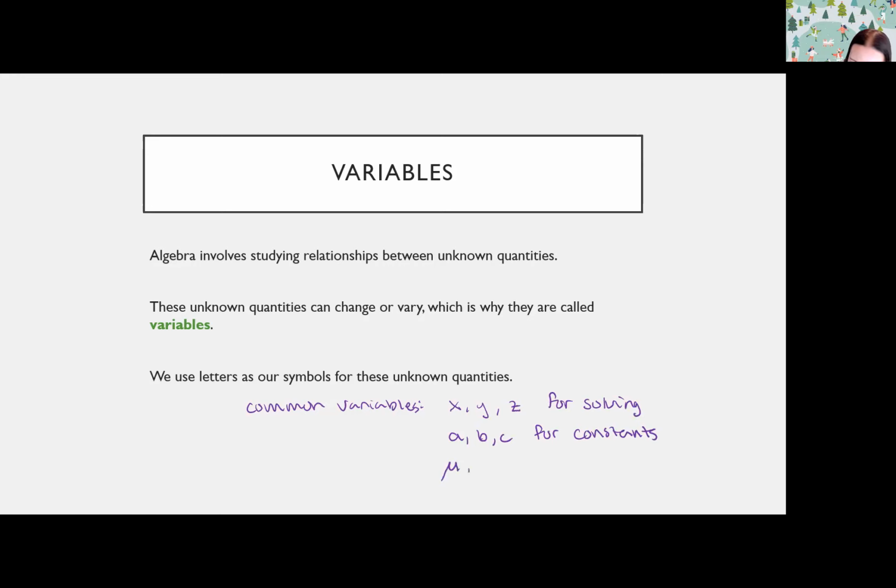So we've got mu, we have sigma. So these are Greek. And those are often used in higher levels of math. Those two particular symbols are used in statistics. So if you have to take a statistics class, you'll use those as your variables. There are tons of other Greek symbols that are used as variables as well.